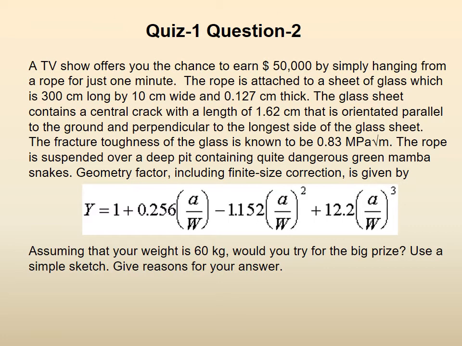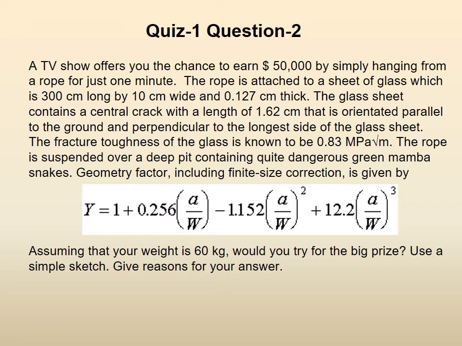The second question. A TV show offers you the chance to earn $50,000 by simply hanging from a rope for just 1 minute. The rope is attached to a sheet of glass, which is 300 centimeter long by 10 centimeter wide and 0.12 centimeter thick.